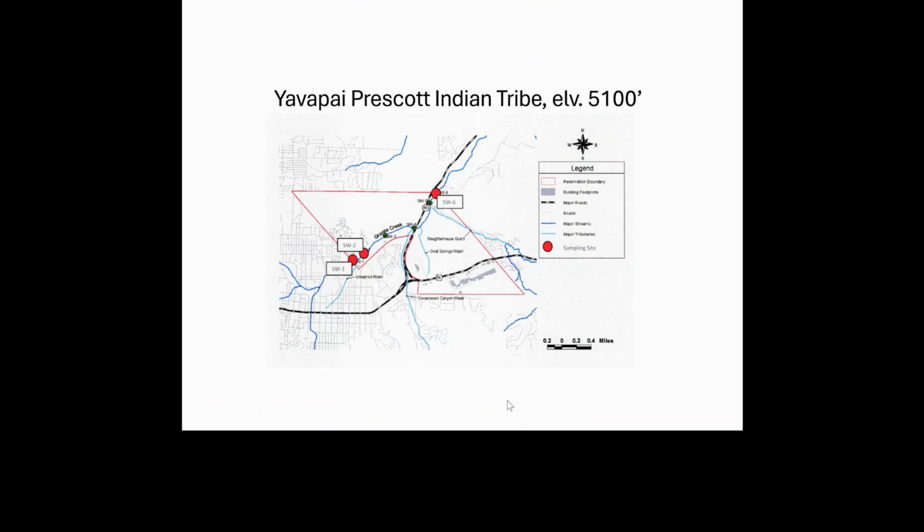And on the map here, you can see that. So this pointer right here. You can see that the Granite Creek waterway bisects the reservation right here. And we are urban. We're a smaller tribe, but we're urban.